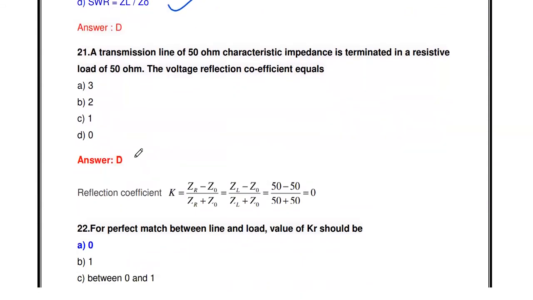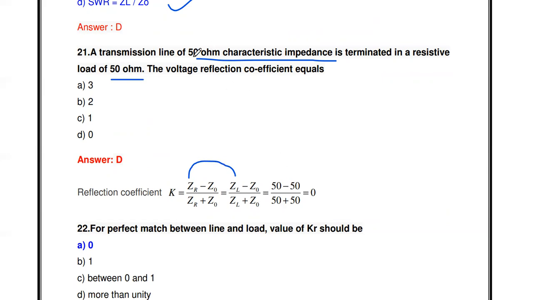The next thing: a transmission line of 50 ohm characteristic impedance is terminated in a resistive load of 50. Find the voltage reflection coefficient. You know the formula for voltage reflection coefficient, K equal to (ZR minus Z0) by (ZR plus Z0). Sometimes the received impedance may be mentioned as a load, (ZL minus Z0) by (ZL plus Z0).